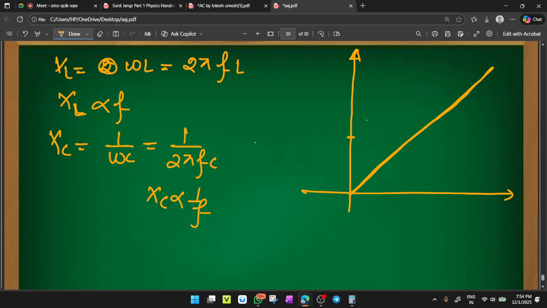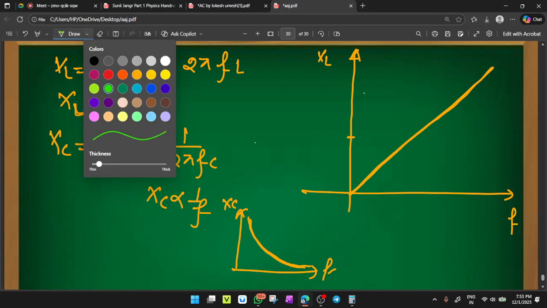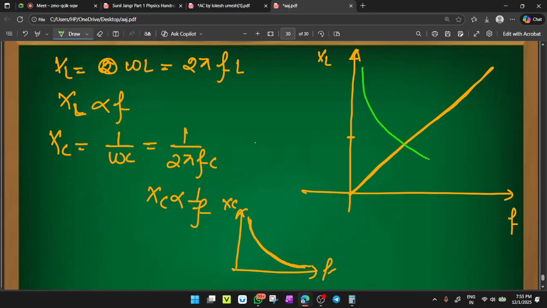Inversely proportional to F means this is for XL, and another graph, I make this XC versus frequency. On increasing the frequency, your XC will decrease, like this graph. So if I plot the graph on the same axes, XL and XC both, here XC is represented by the green line.